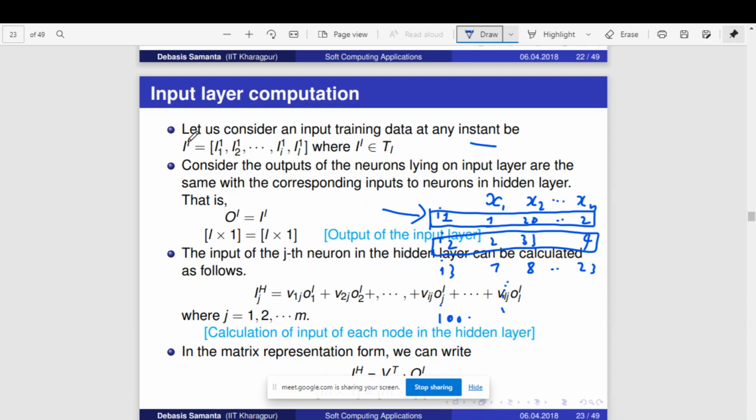At any instant, one input you can call I11, I21, and so on up to IL1, so there will be L inputs. The superscript represents the first instance, then second instance, third instance, and so on, where any instance belongs to the training data.